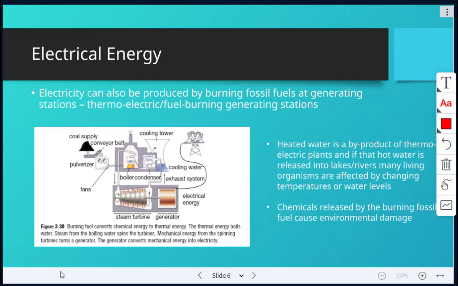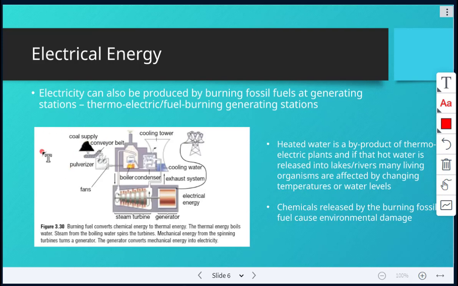All right, so electricity can also be produced by burning fossil fuels at generating stations. These are called thermoelectric or fuel burning generating stations. Burning the fuel like coal will convert chemical energy from the coal into thermal energy.